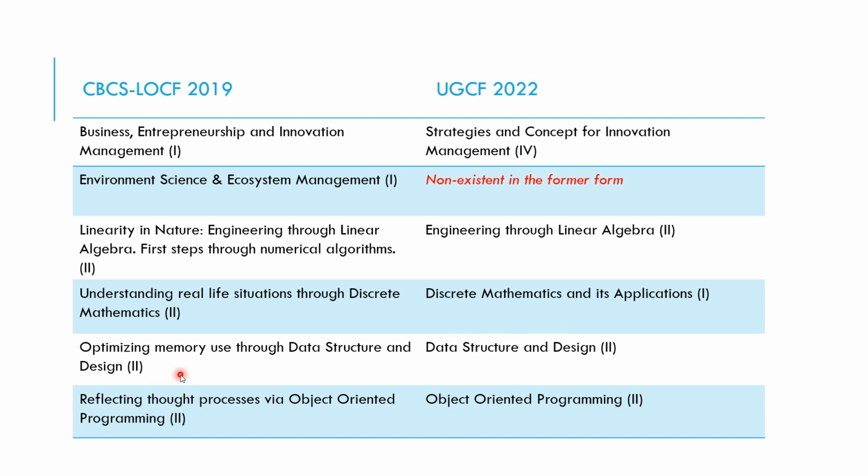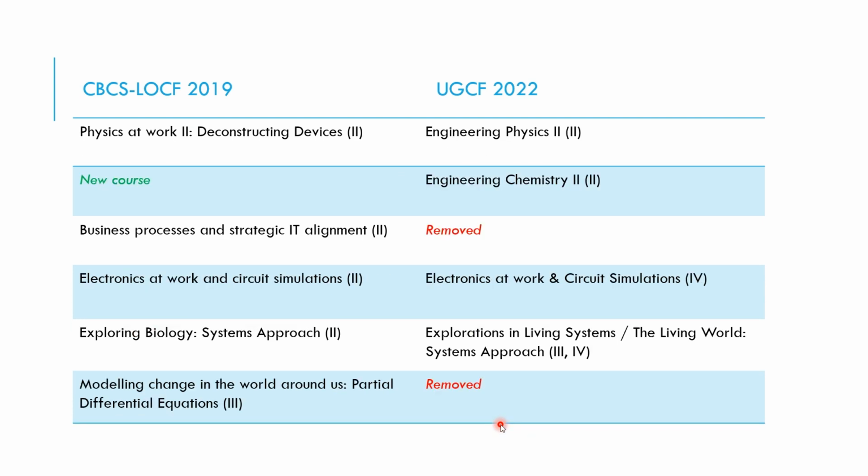We had Optimizing Memory Use Through Data Structure and Design in semester 2, rebranded as Data Structure and Design, semester 2. We had Reflecting Thought Processes via Object Oriented Programming in semester 2, rebranded as Object Oriented Programming in semester 2. So you find as a result of the rebranding, there's quite some simplification process that has been done with the nomenclature.